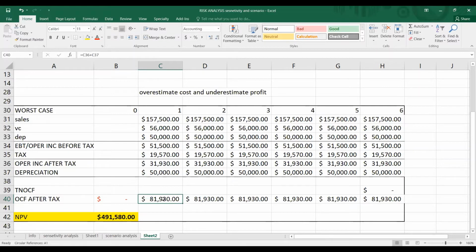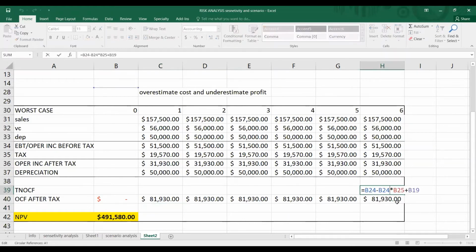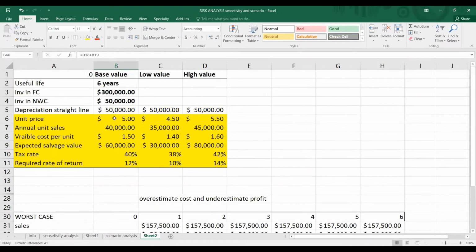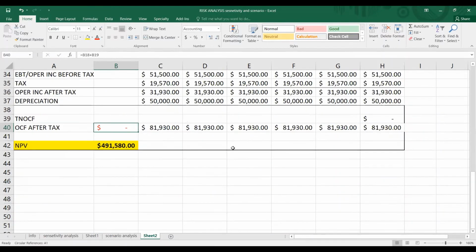So what I see here is 1,930. Then I have NPV, and I don't have the cost here. My investment in fixed capital is 300,000.